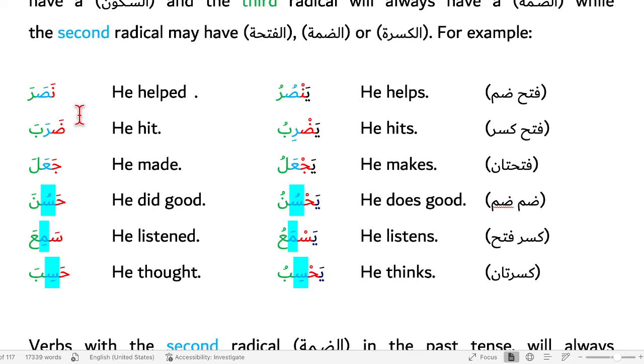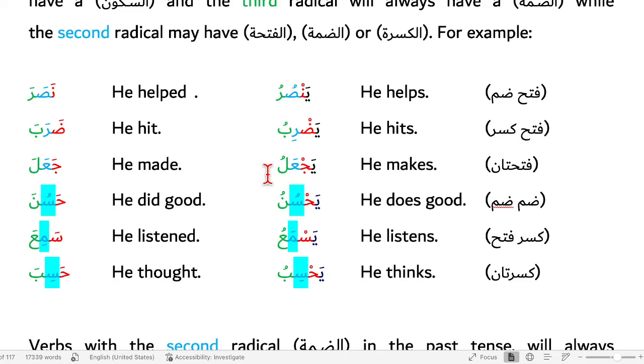So when the past tense has fatha and the present has dhamma, it is called fatha dhamma. And when the past tense has fatha and the present tense has a kasra, this combination is called fatha kasra.